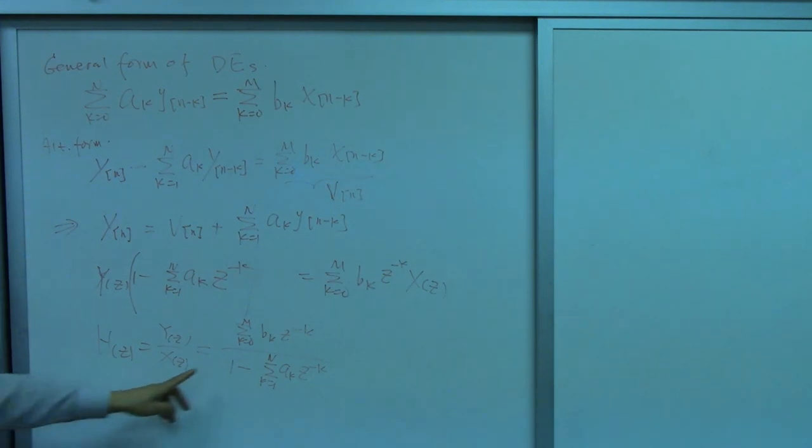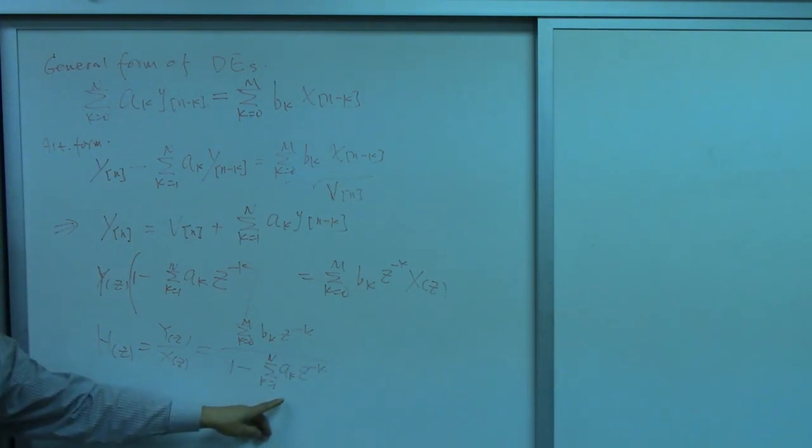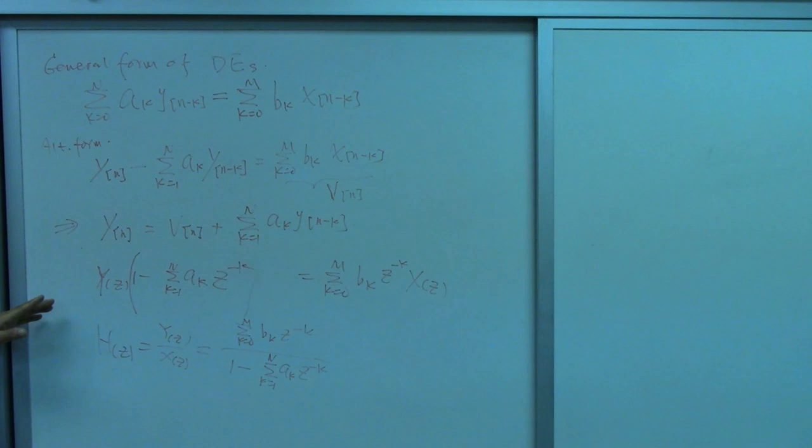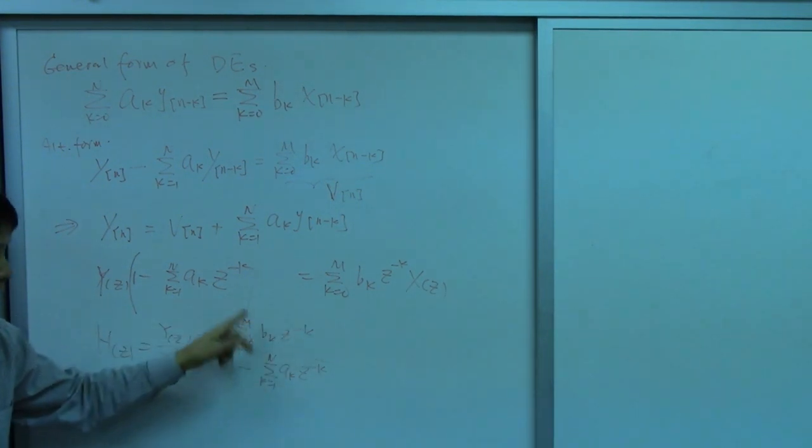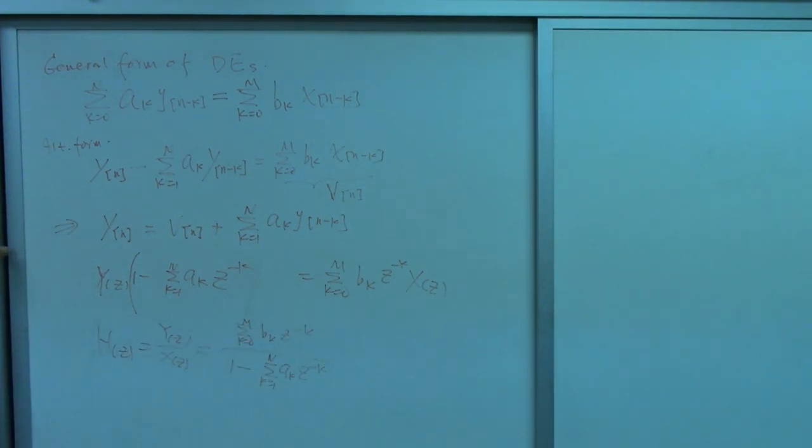On the bottom, those are the coefficients for the output y, and on the top, those are the coefficients related to the input.